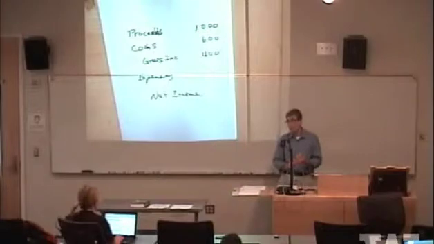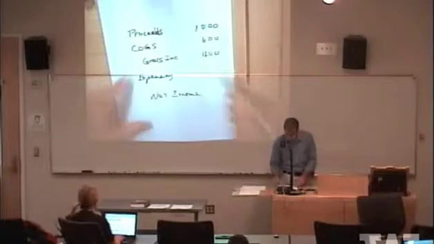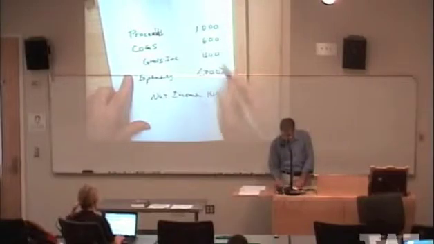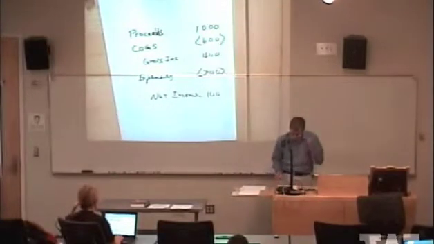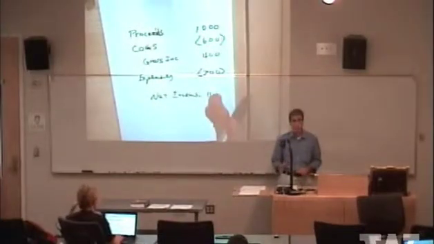Expenses, salaries of salespeople, office administration people, things like that. Rental for the office space, let's say 300, coming down to a net income of 100. Now, this would be something where we're selling goods.